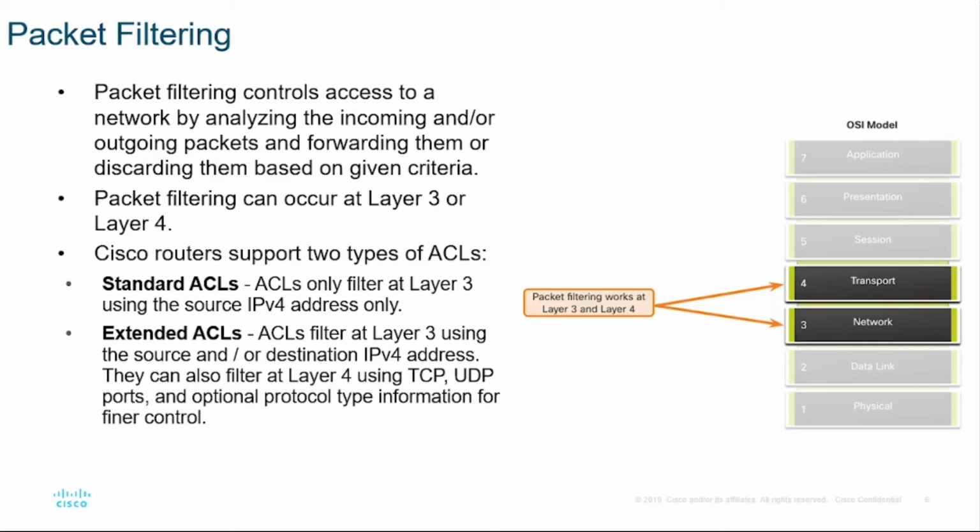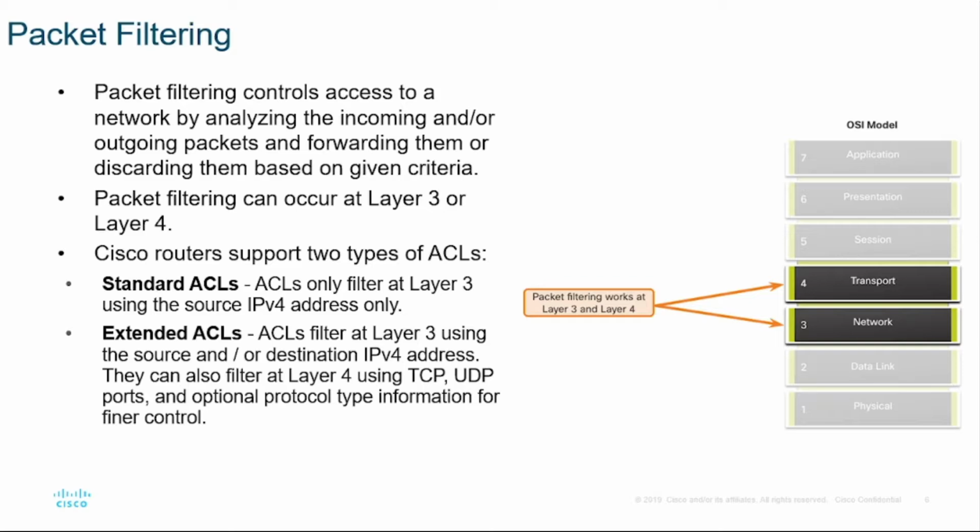Whereas extended ACLs filter at layer 3 also, but using the source and the destination IP version 4 address, and also filter layer 4 using TCP, UDP ports, and other optional protocol type information for granularity or finer control.